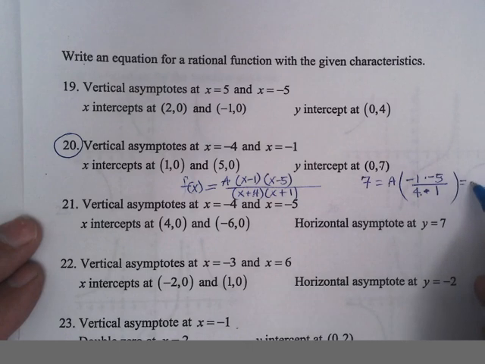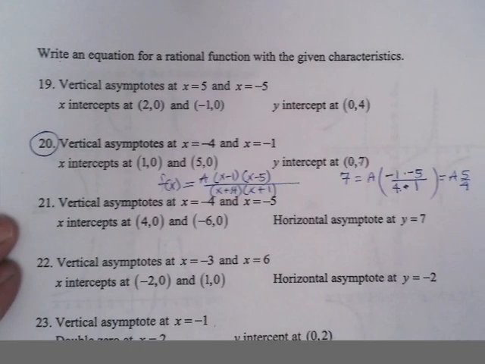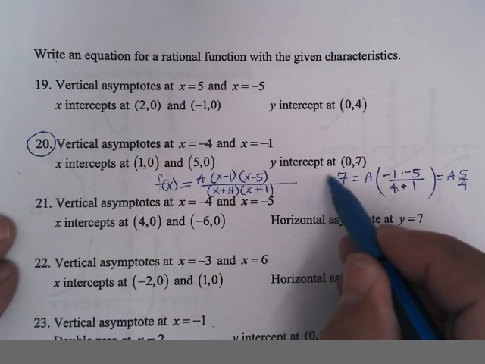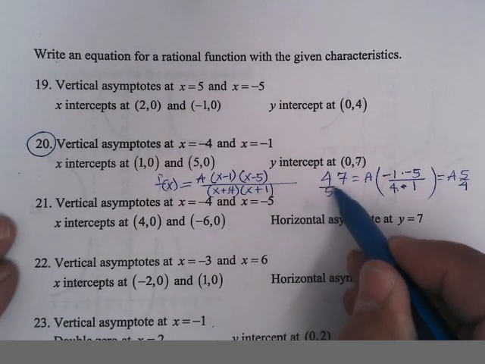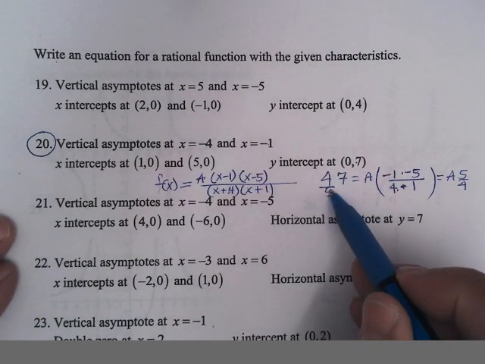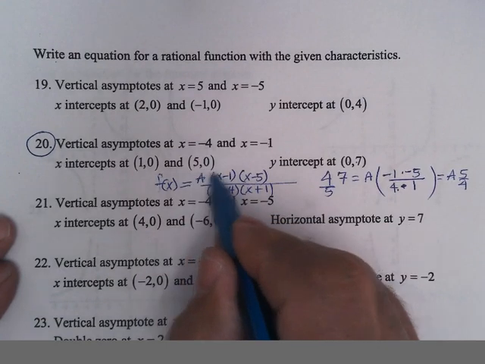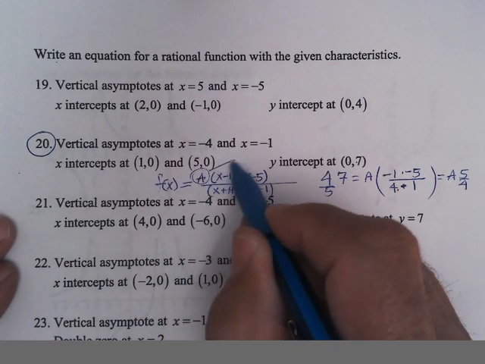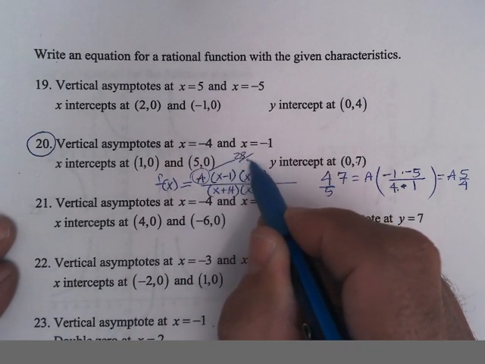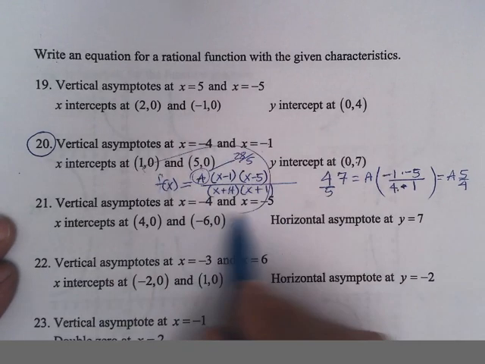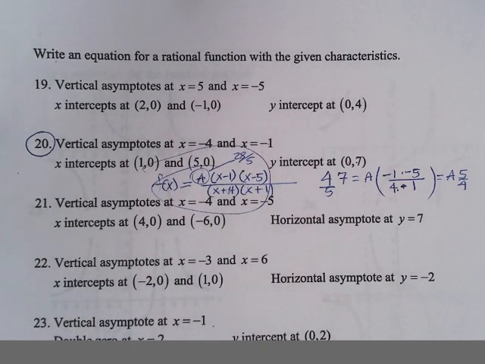So this is a times 5 over 4. So I would multiply both sides by 4/5. And so 28 over 5 is what a has to be. So right here would have to be 28 over 5, and that would complete that rational function.